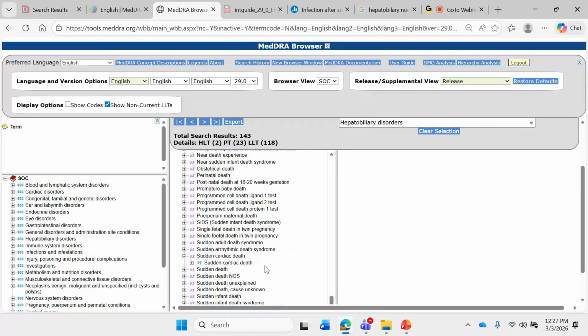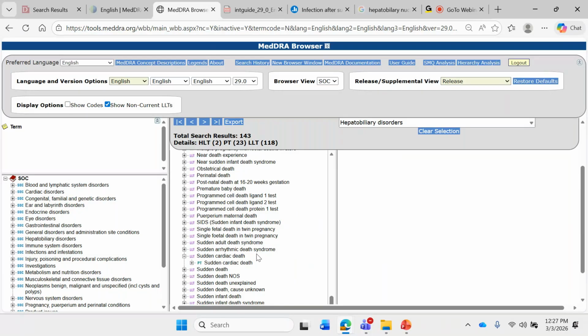So you have to use your medical knowledge, whether that particular description or qualifier of death is providing clinically significant information, you would code it. If it's a plain death, it's already captured in the outcome field, provides no significant clinical information, then you don't code it. It's a judgment call as well.